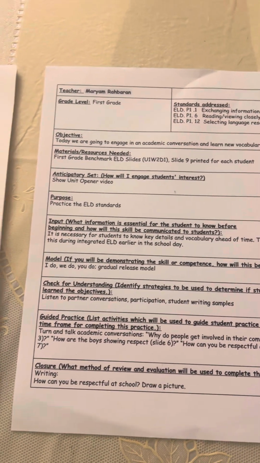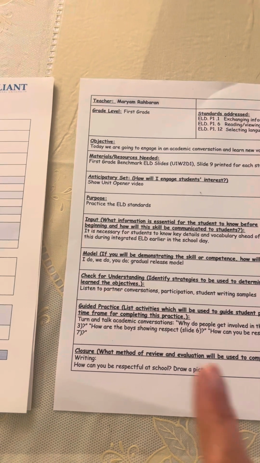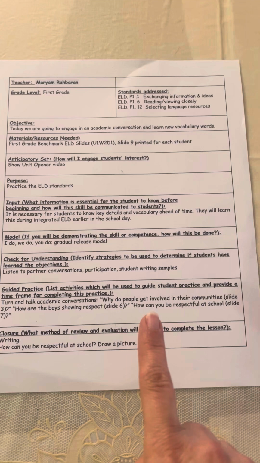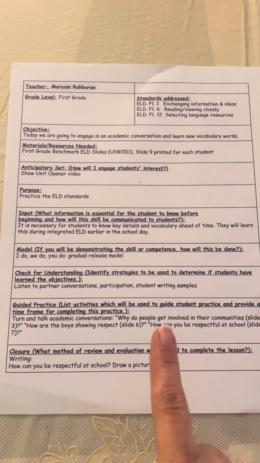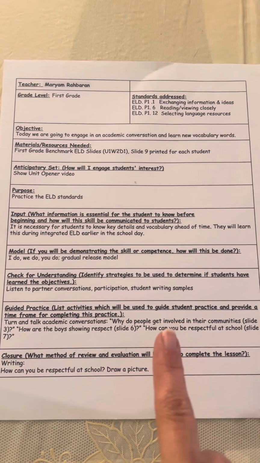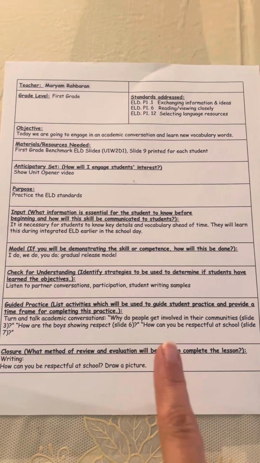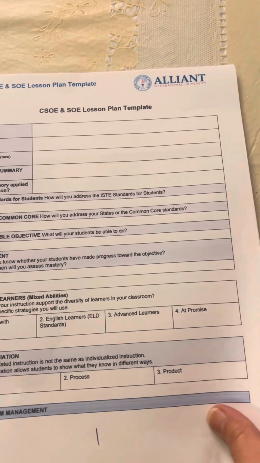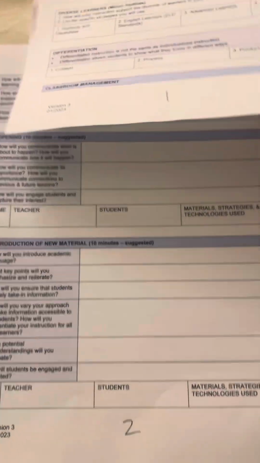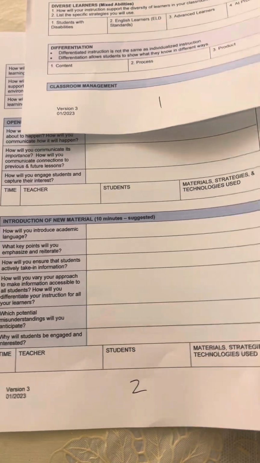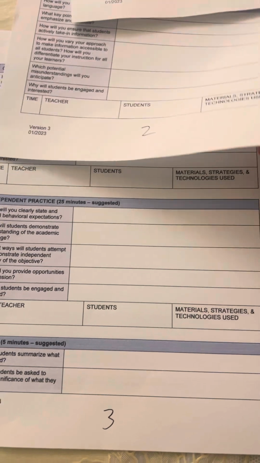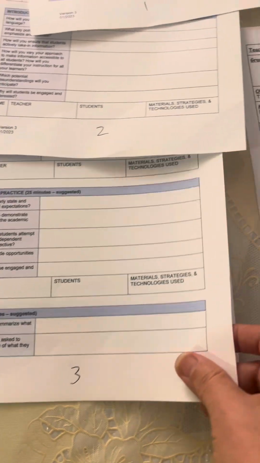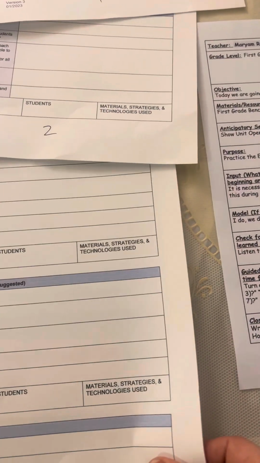One thing I noticed about the lesson plan from my school is that it is a little over 1 page, and the CSOE plan is 5 pages and has a lot more elements to consider.